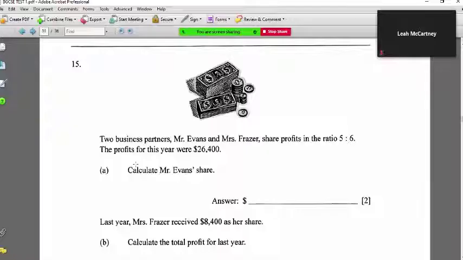Okay, and so therefore, the fraction for Mr. Evans would be 5 over 11. Mrs. Fraser would be 6 over 11. Okay, and so therefore, if you want to calculate Mr. Evans' share, you would use that fraction and you multiply by the amount of profits that were earned.